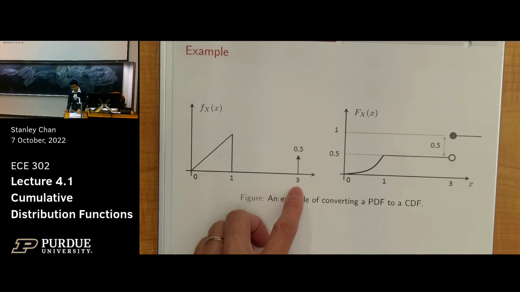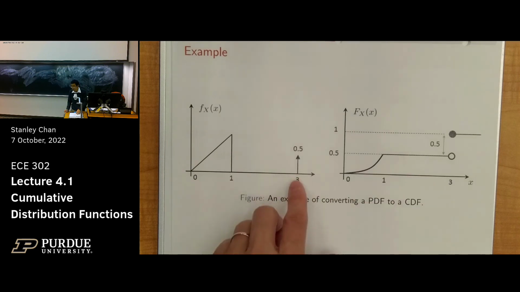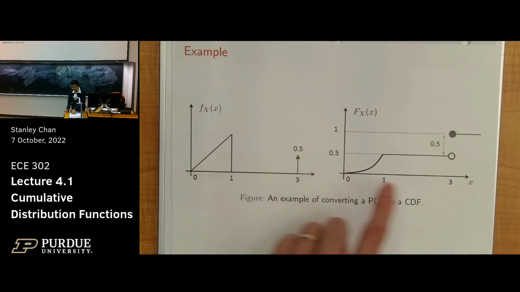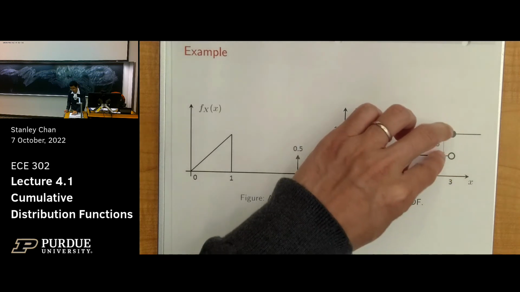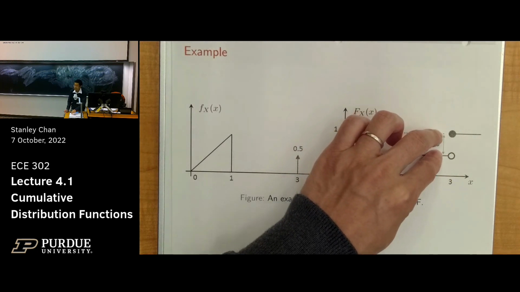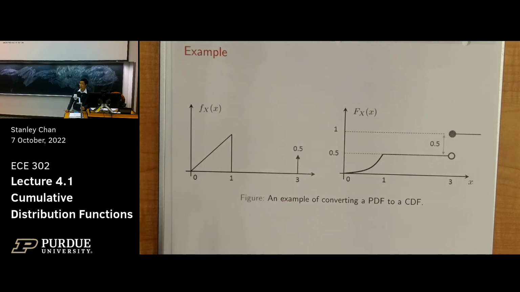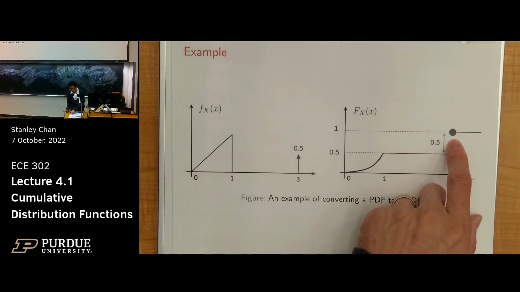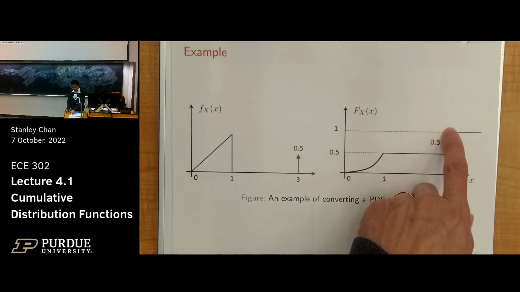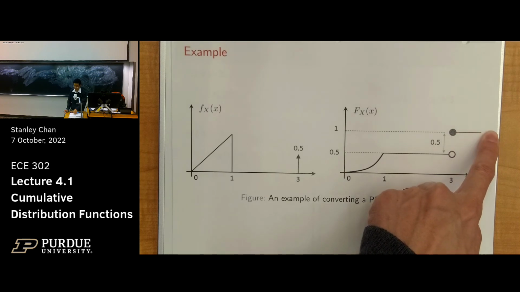Once you hit the number 3, you see a pulse, therefore you should have a jump. The jump will give you a height of 0.5, which corresponds to the height of this pulse. And once you are there, you have this right continuous property. You put a solid dot on the top guy, and then you will stay there forever because this is 1.